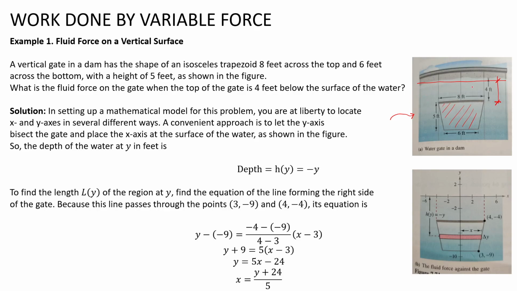Since we are going downwards, our distance going towards the force that we need to create is negative y. So that's why h of y is equal to negative y, because we are going towards this portion here, negative y distance going down. You can see it here in the figure, h(y) is negative y.